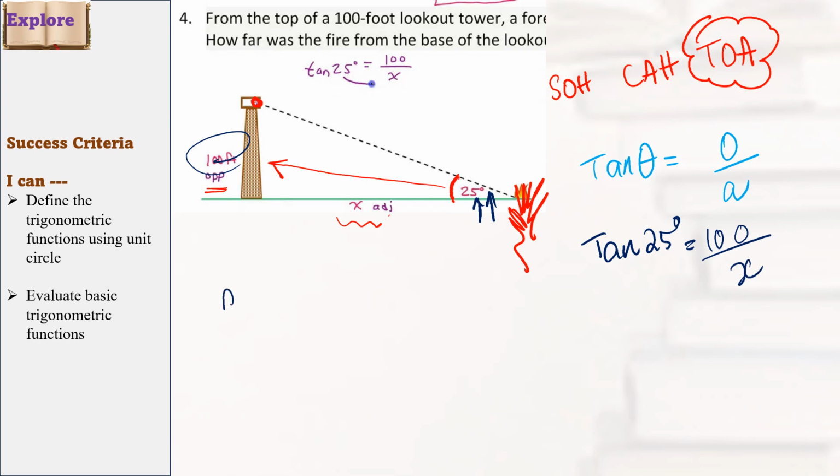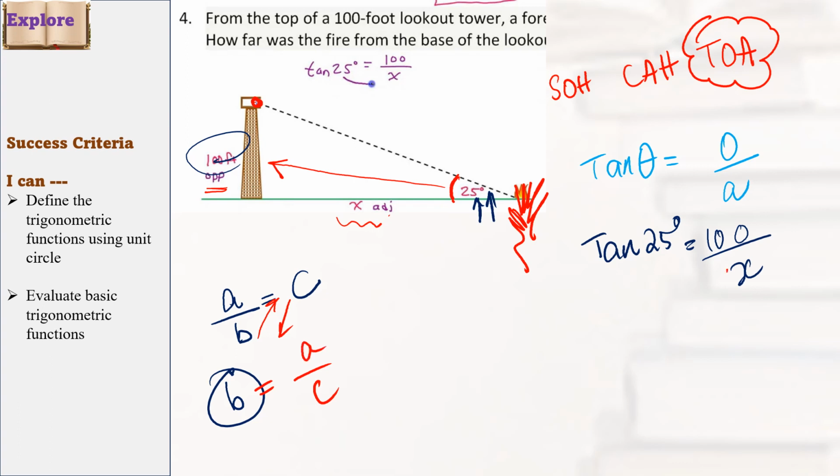Now remember, if I have A over B equals C and I need to find out B, the only thing is that I interchange the places of B and C. So B equals A over C, and A stays as it is.